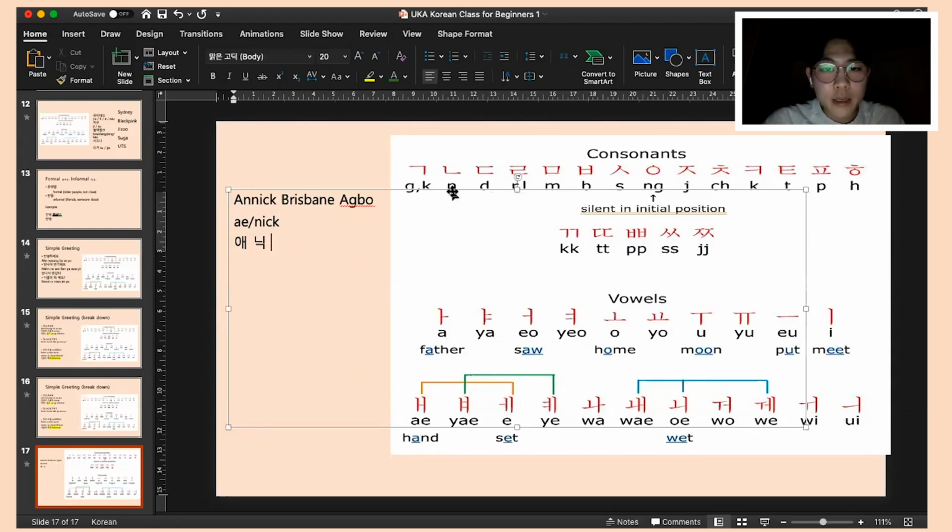N, I, G or K, but since it's at the bottom of the combination, it's a stronger G, so it's Anik. Anik. And your middle name is pretty long, but let's try that.